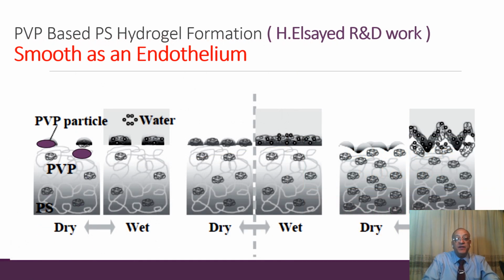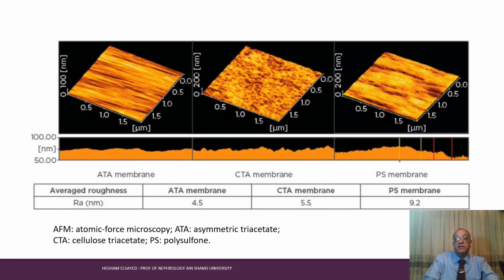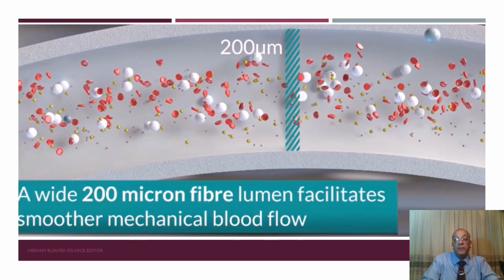And if you increase the PVP particles inside the membrane, you will have a smoother layer, a more hydrophilic component, and less thrombogenicity. This is an electron microscopy and atomic force microscopy image showing the smoothness and roughness inside the dialysis membrane.